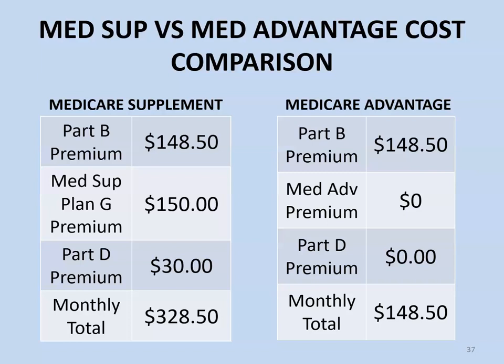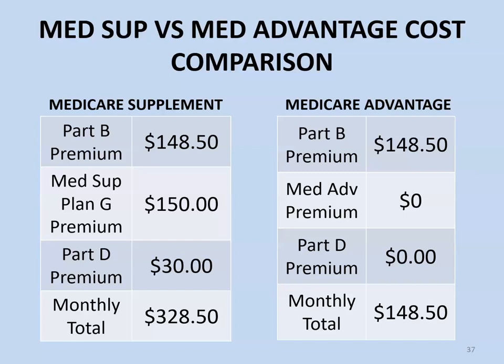If you add a Part D prescription drug plan, say $30 a month, you're looking at a total monthly cost of about $328.50 on average. Now, don't hold me to that number because it varies from county to county, city to city, state to state. But on average, you're going to see about that expenditure on a Medicare supplement plan.